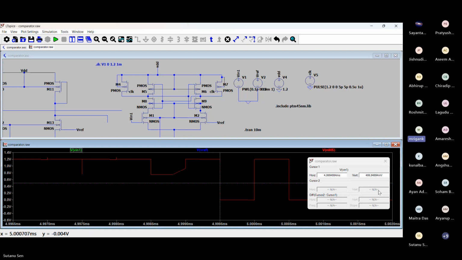Yeah. So that means in the next cycle, even for 0.1 millivolt, it is able to do it. So the resolution is better than 0.1 or 0.05 millivolt in this case, right? So that's what it shows, that even a 0.05 millivolt difference, it is able to detect.